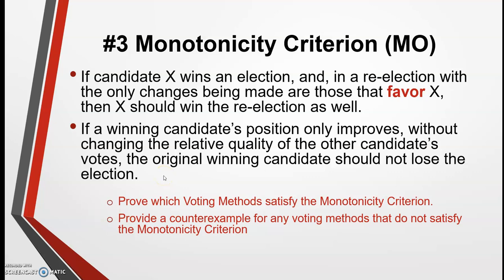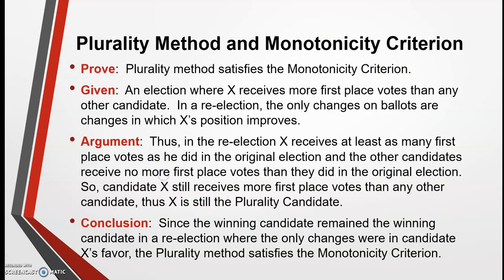So let's look at which voting methods satisfy the monotonicity criterion, and then look at some counterexamples for those that do not. Let's talk about the plurality method. First, we assume that we have an election where X receives more first place votes than any other candidate. In other words, X wins the plurality election originally.